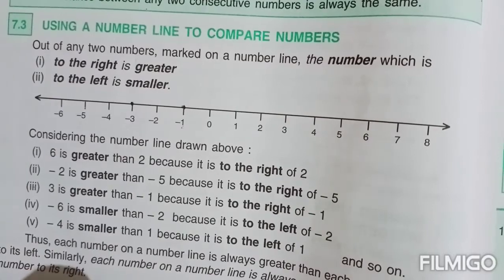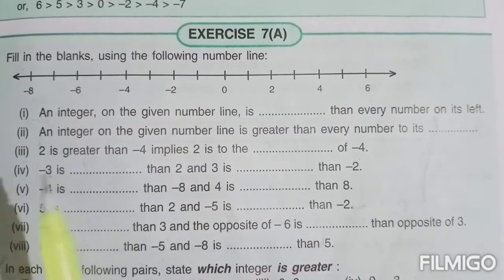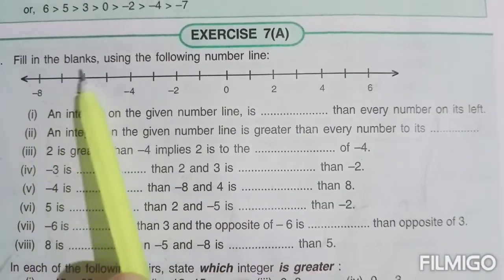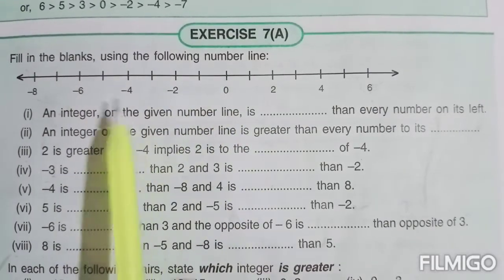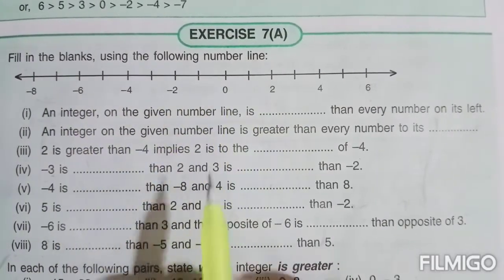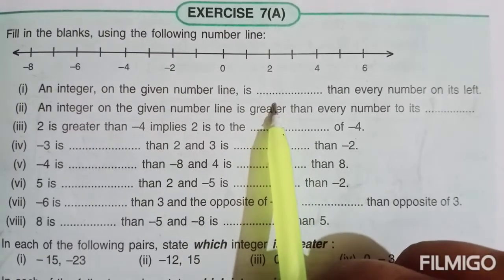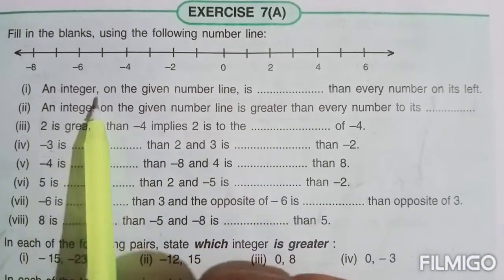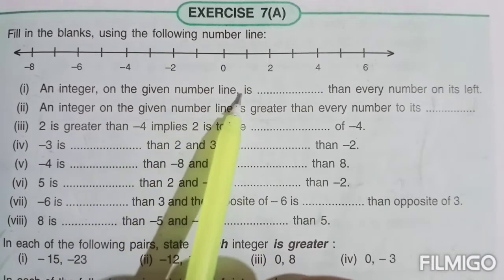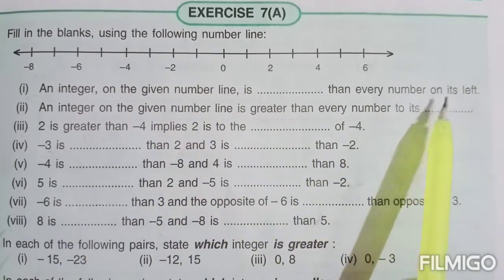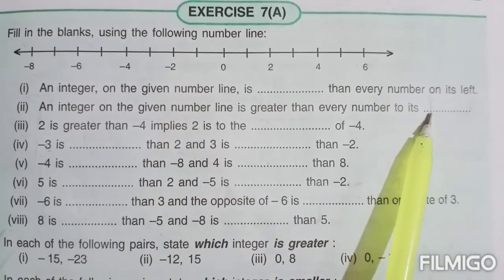Now let us do exercise 7a. First question, fill in the blanks using the following number line. First one, an integer on the given number line is dash than every number to its left.